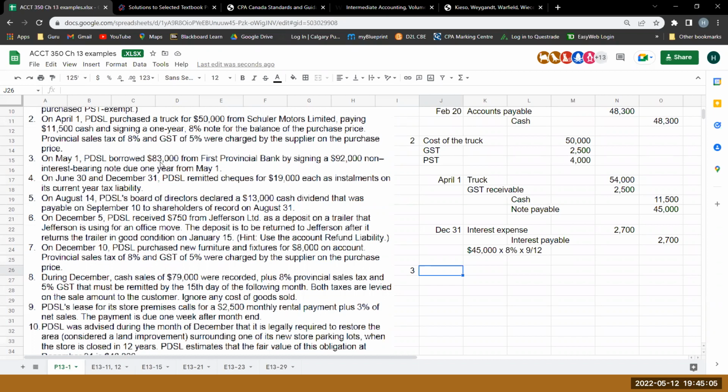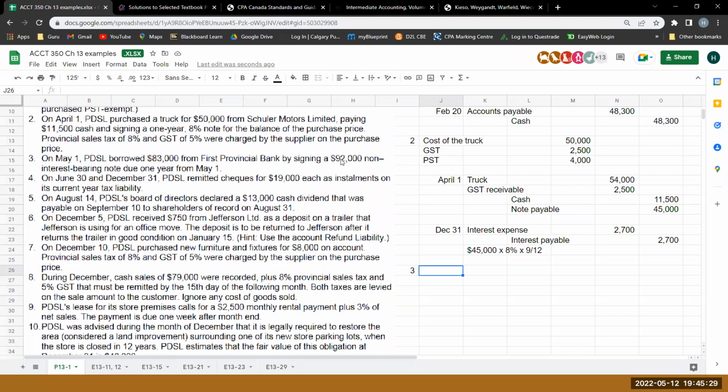Now you can clearly see we borrowed $83,000, but the note amount that we've signed is $92,000. We can't say there is no interest, right? I mean, we only got $83,000 in hand. But when we pay back this note, we're going to have to pay back $92,000.